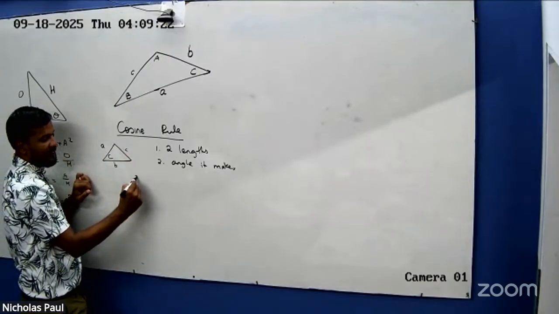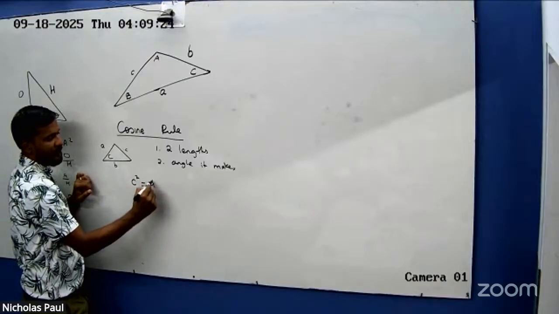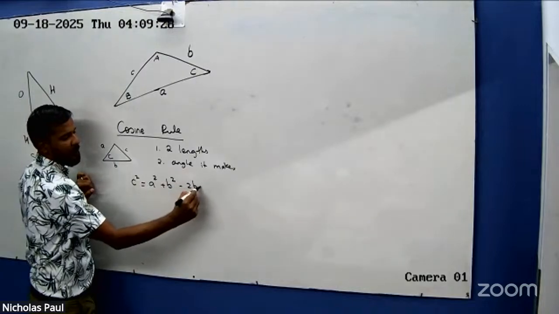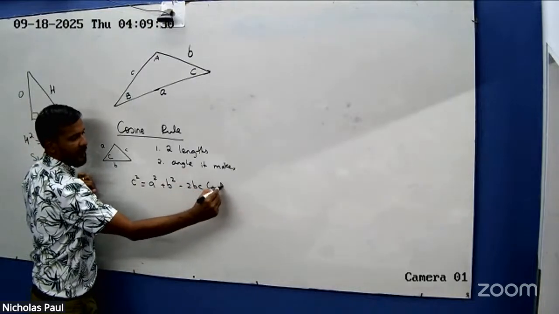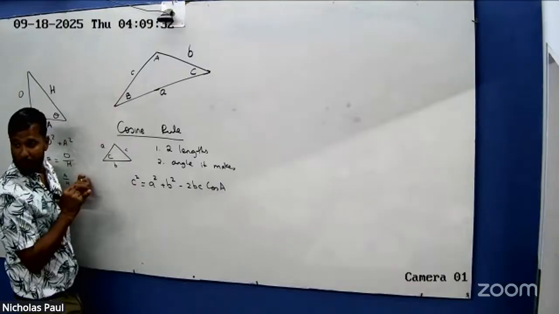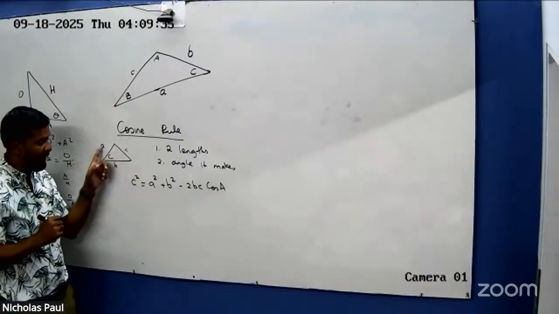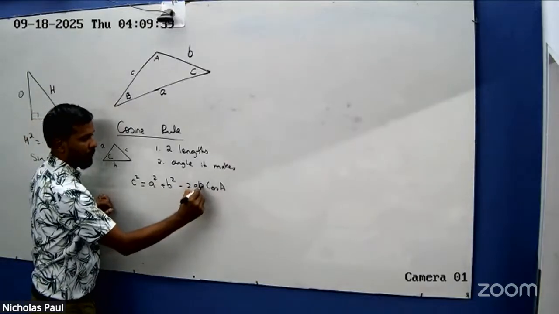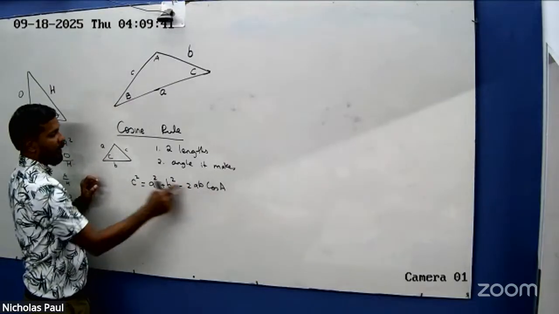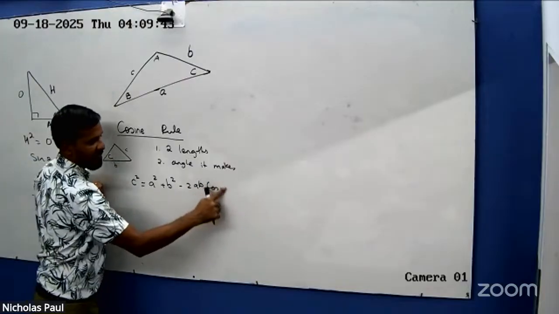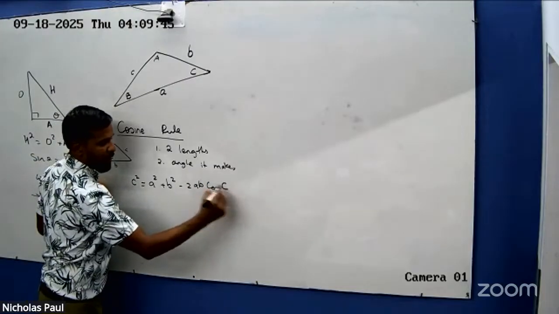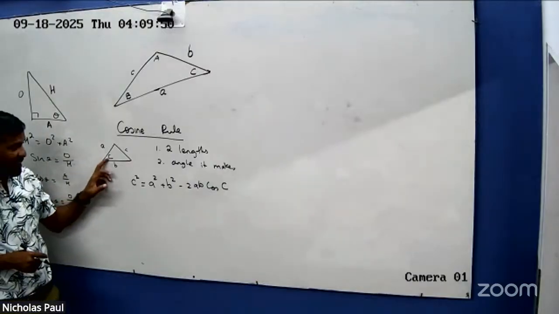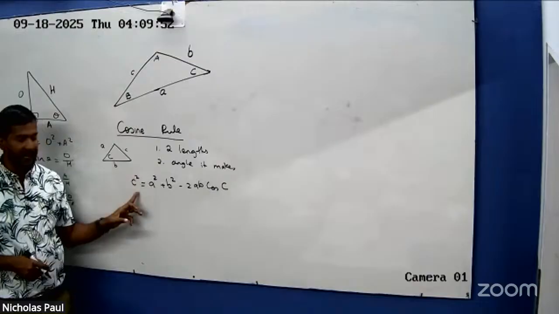So c squared is equal to a squared plus b squared minus 2ab cosine of the angle in the middle. a and b here, and the angle here, let's put C, because I'm using the same letters, uppercase C. So you must have this, this, and this to work out lowercase c.